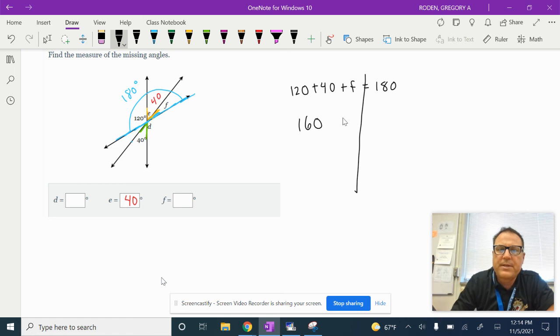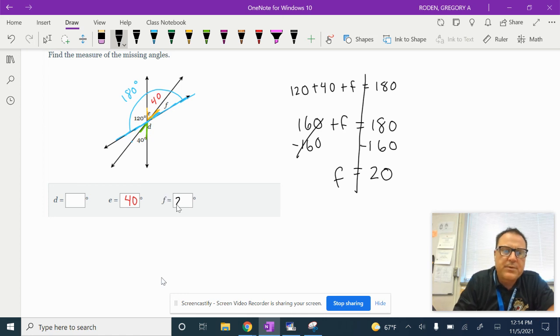So I get 160 plus F equals 180 degrees. And then I'm simply just going to subtract 160 from both sides. 160 cancels 160, F equals, and then I believe 180 minus 160 is just 20 degrees. So I now know that F equals 20 degrees. So I can put 20 degrees in right here.